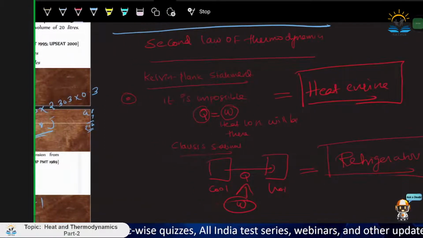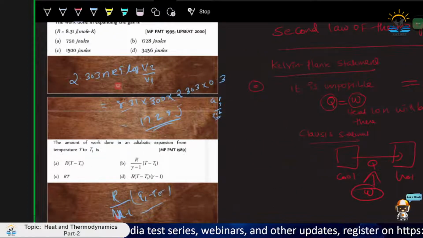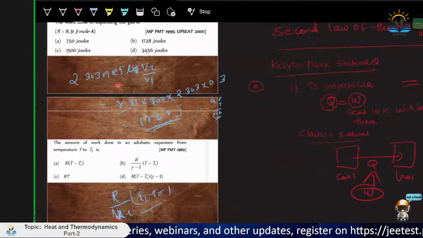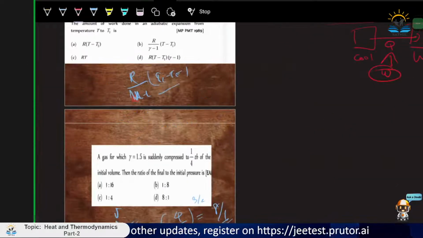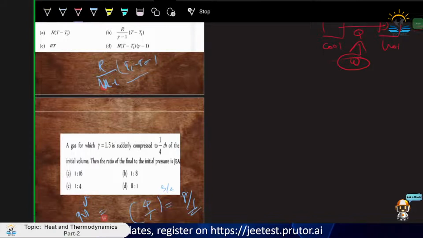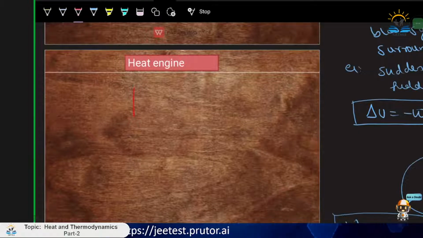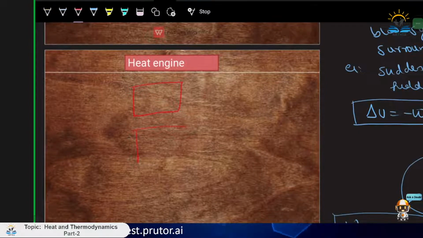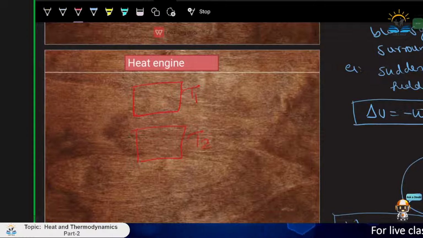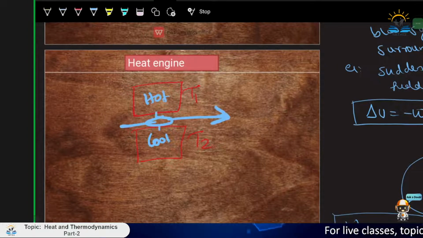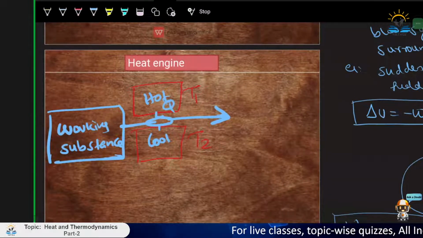When we give Q1 heat from the hot reservoir, the working substance produces a work W and loses the heat Q2 to the cold reservoir. I hope everyone understands the heat engine.